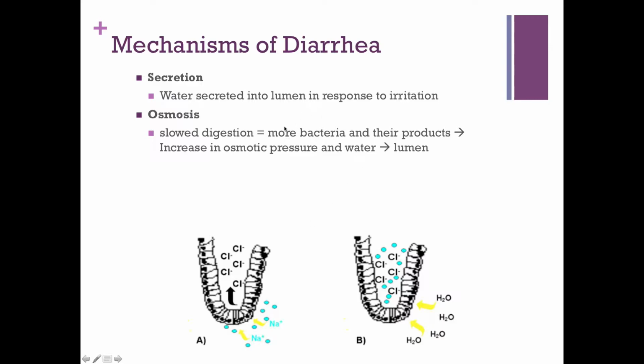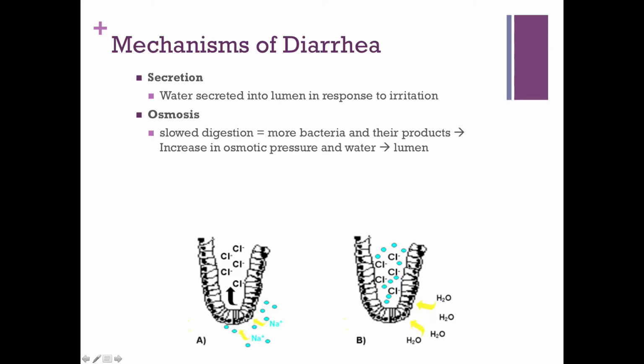So when bacteria build up, in cases like slow digestion or in like lactase deficiency, there is a high amount of bacteria that builds up. It makes its products, and then the gas encourages water to come in because the osmotic pressure is upset.